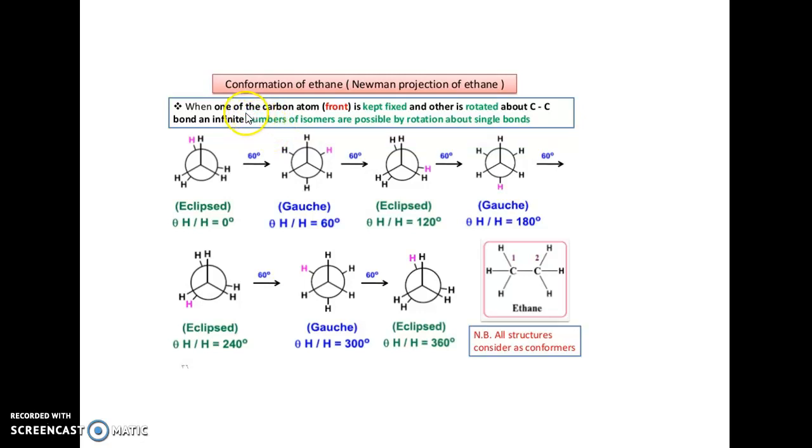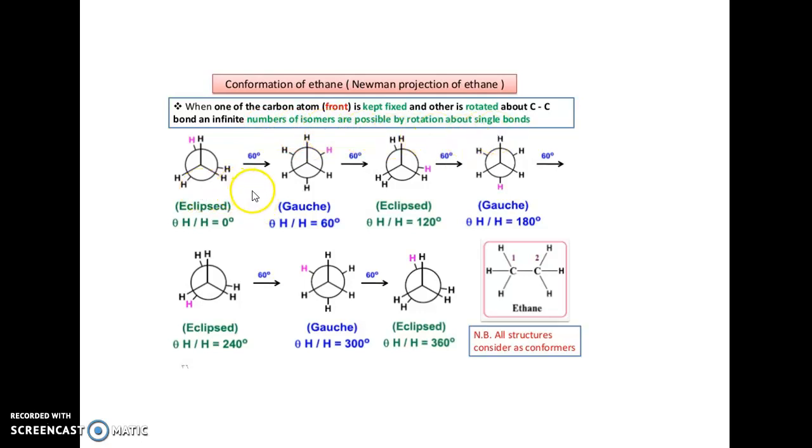The bond is rotated in such a way that one of the carbon atoms, usually in the case of ethane the front one, is kept fixed and the other, back one is rotated about the carbon-carbon bond. If we rotate, infinite numbers of isomers are possible by rotation about single bonds.